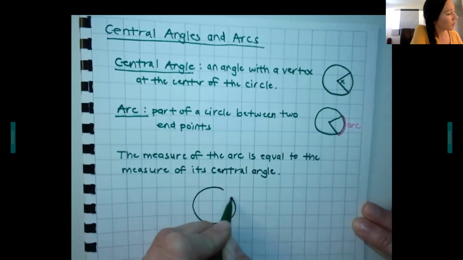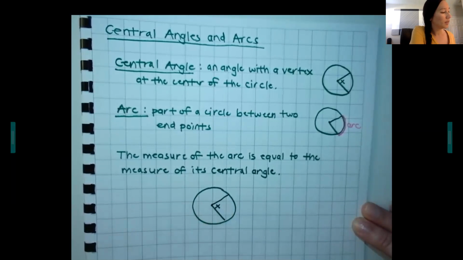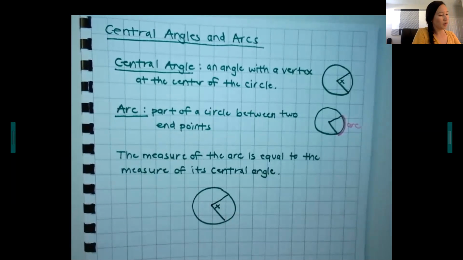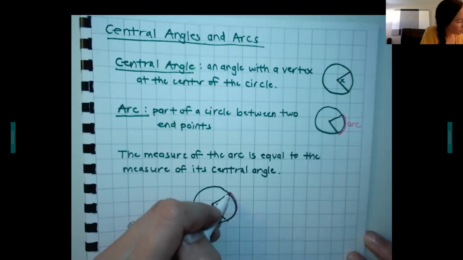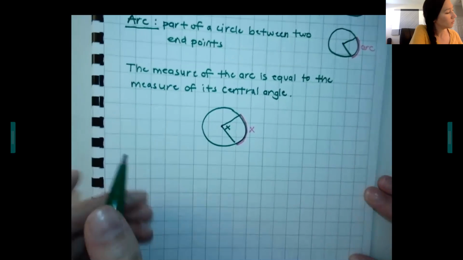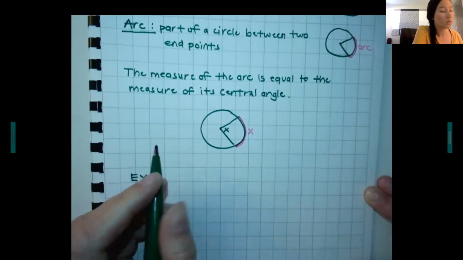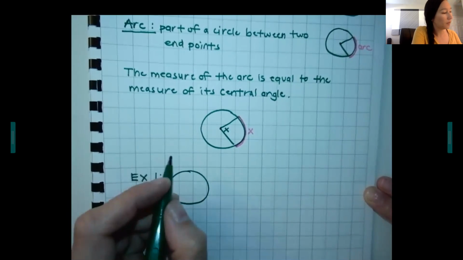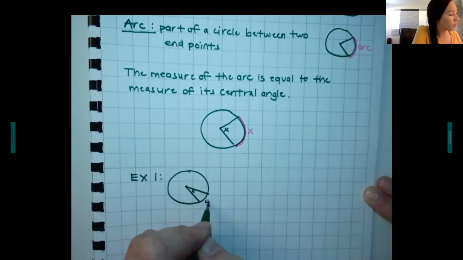So if we have a circle, say the central angle is X, then we also know that its arc, this piece from here to here between these two endpoints, would also be X. So really basic, say we don't know what this angle is, but we know that the arc is 48.